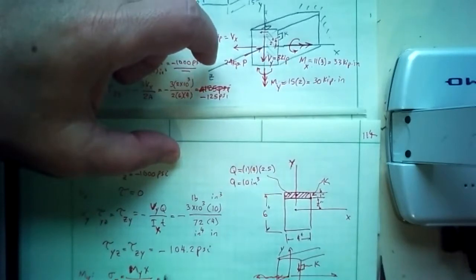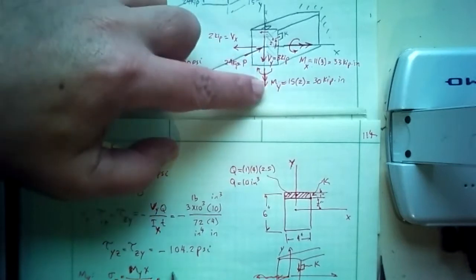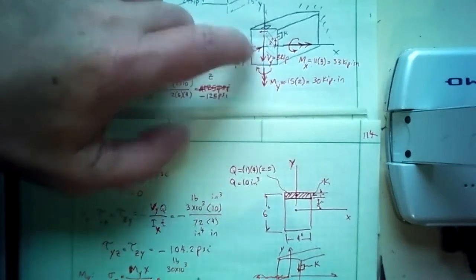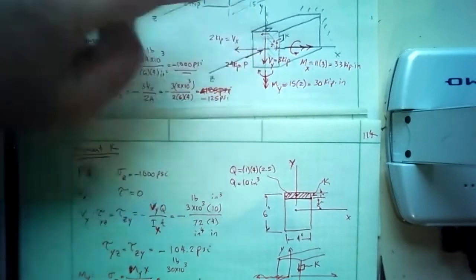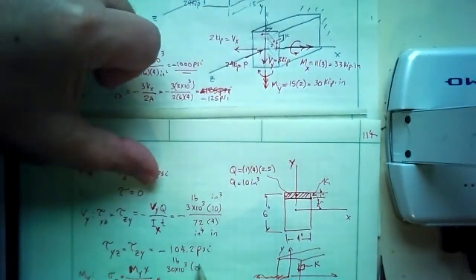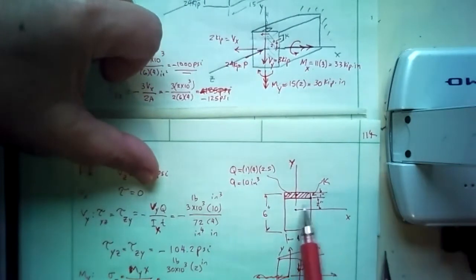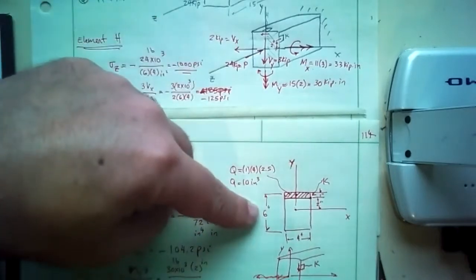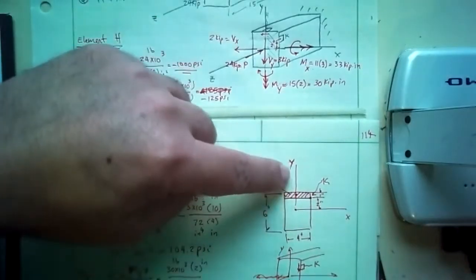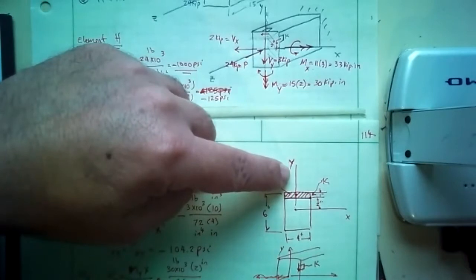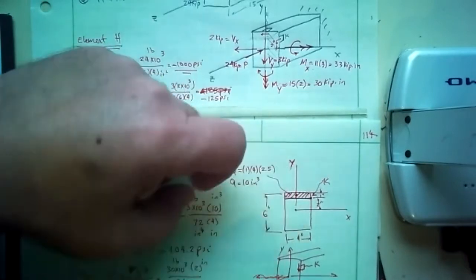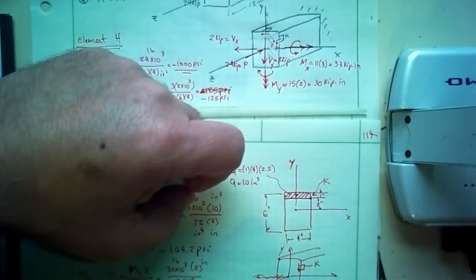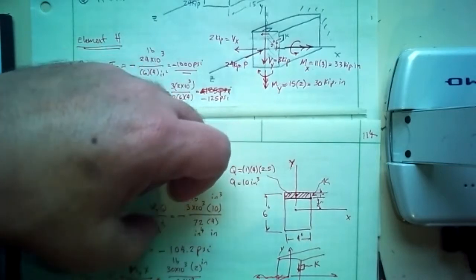So My is 30 times 10 to the 3 pounds, distance x is 2 inches, divided by Iy. Iy, the moment of inertia about the y-axis, is 6 times 4 cubed over 12, and this would be inches to the 4th.